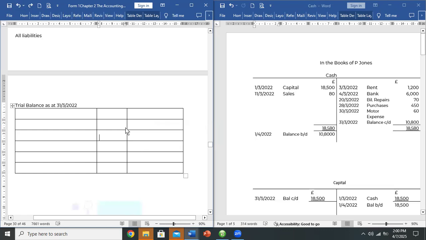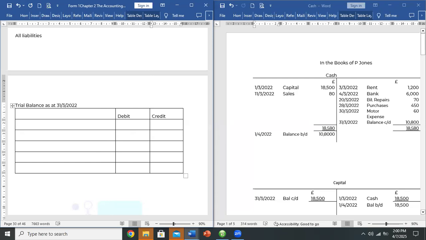Trying to create my trial balance. So the first column will take the name, the second one will take the debit, and the third one will take the credit. So after you have balanced your account, you pick the first account. So this will be cash, right?